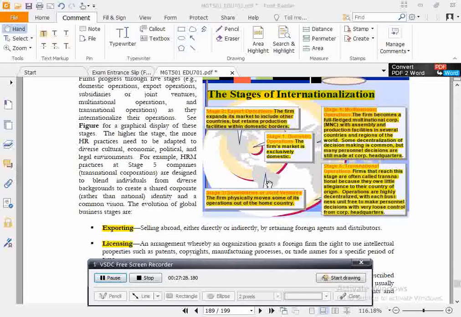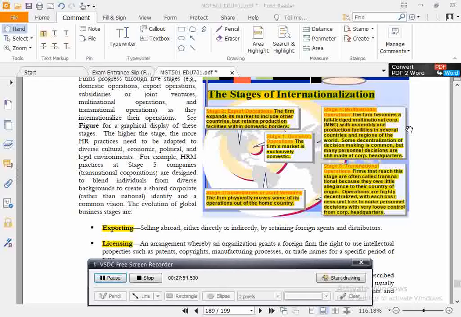Stage 3 is subsidiaries or joint ventures. The firm physically moves some of its operations out of the home country. Stage 4, multinational operations.